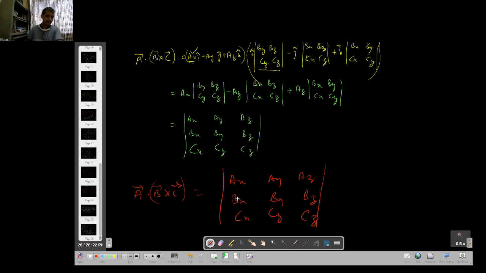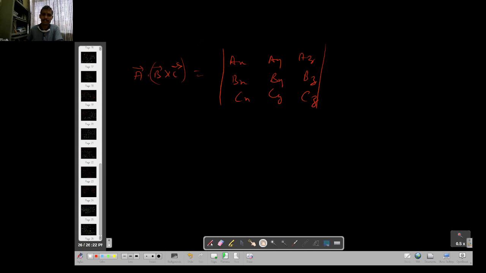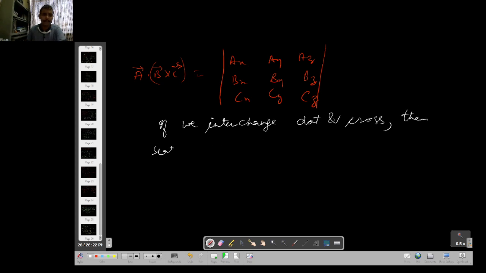Now there is a very important point which we have to keep in mind, that if we interchange dot and cross, then scalar product remains the same.